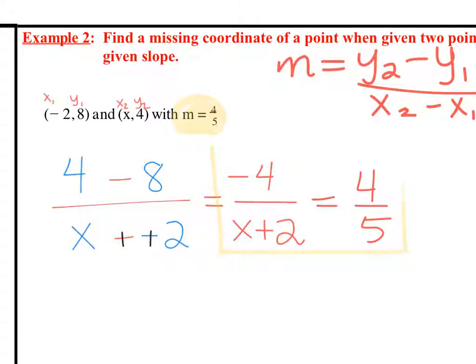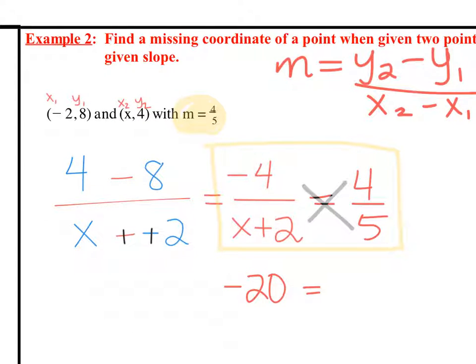And so you have to solve it by cross multiplication. So ignore this. This doesn't matter anymore. We're done with that. What we care about is the part that's boxed in yellow. And we're going to cross multiply and solve. So what is -4 times 5? Okay? Now this part is a little weird. So you got 4 times x plus 2.